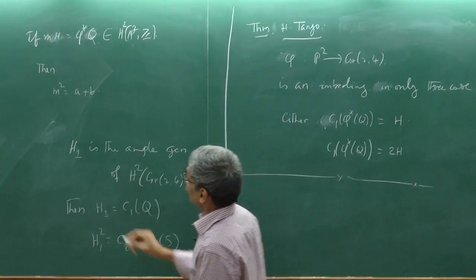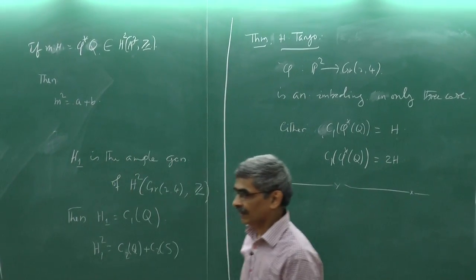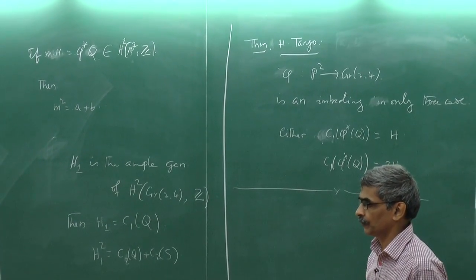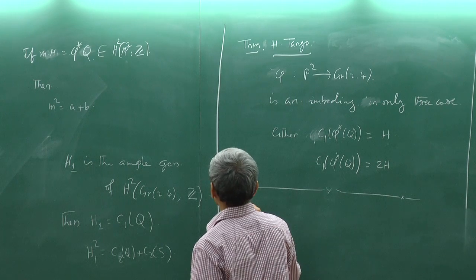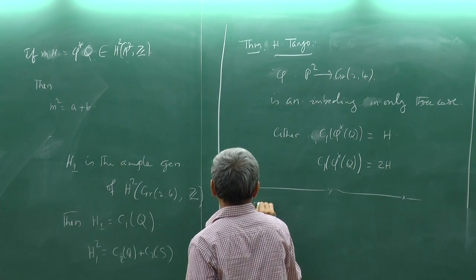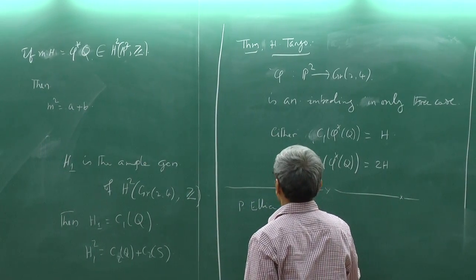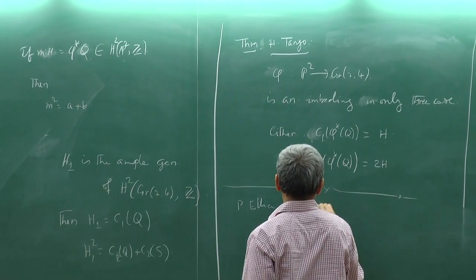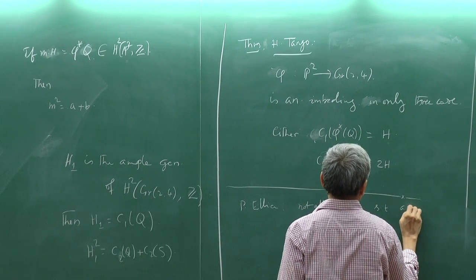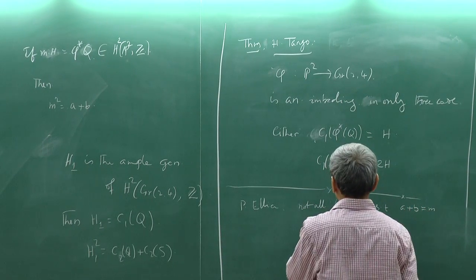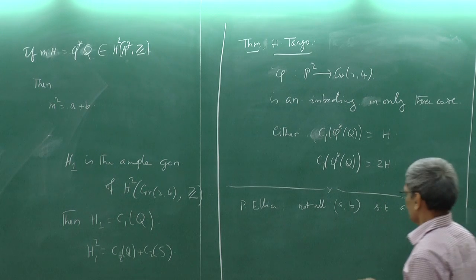And so the next question is, given A, B which satisfy these 2 conditions, does there exist a morphism from P2 to this thing? This question was settled recently, some 3-4 years back, by Philip Ilya. He proved, under some conditions, that A, B such that A plus B is M squared, both A, B non-negative, and this satisfies this condition, are represented by that.